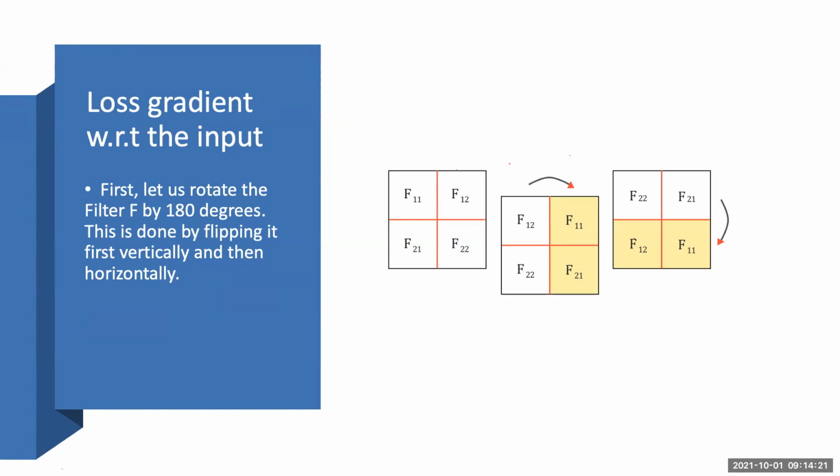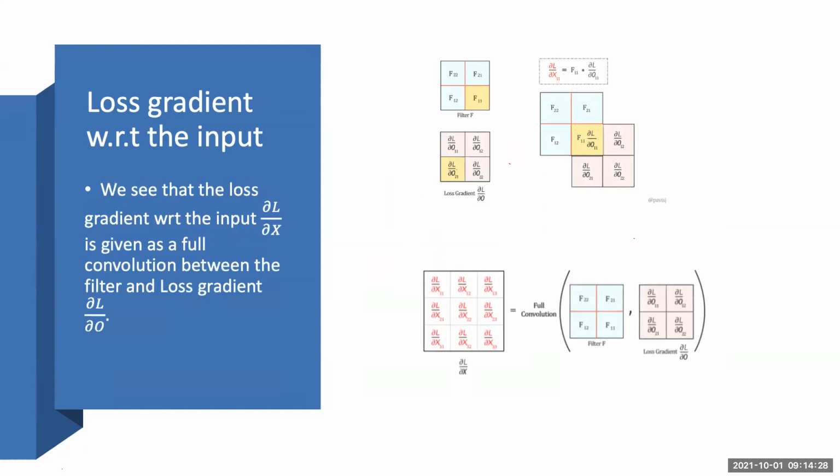So first, you imagine you flip your filter by 180 degrees, and then you perform a convolution on it. But this convolution is slightly different from the convolution we had in the forward pass and in the gradient with respect to the filter. This is called the full convolution. So you're basically sliding through the edges and moving.